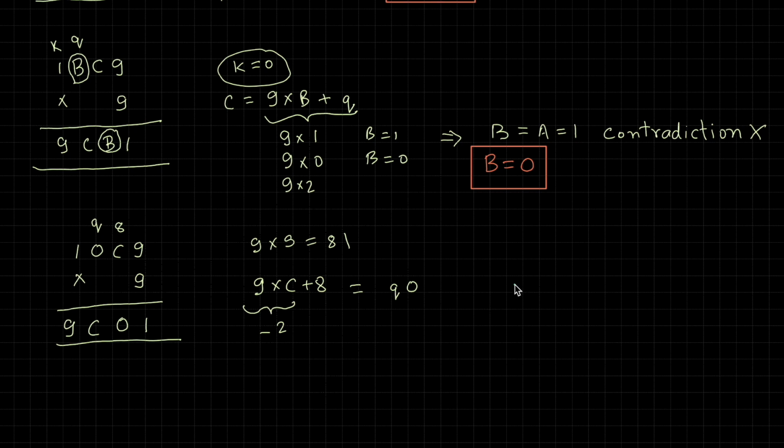If we look at the multiplication table of 9, the only possibility which gives a 2 as the bottom digit is 8. 9 times 8 is 72. For C, if we plug in 8, we'll get 9 times 8 plus 8, 72 plus 8, which is 80.